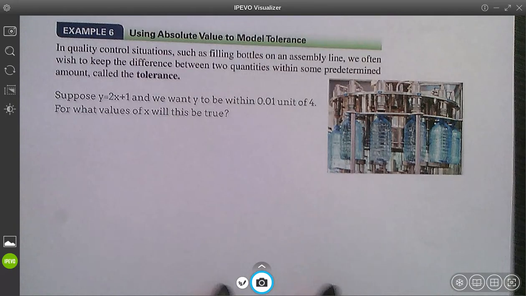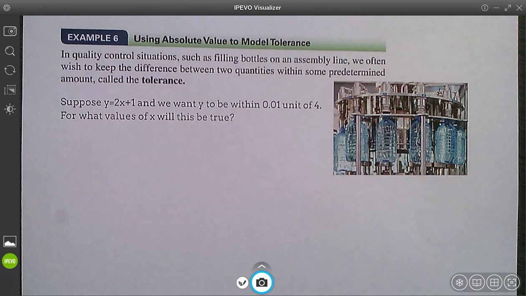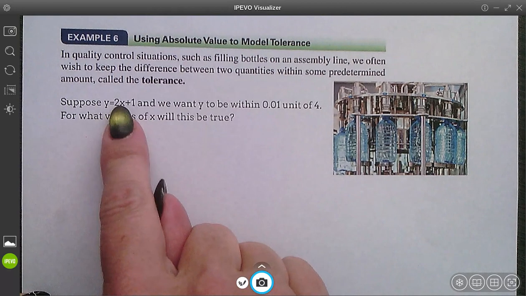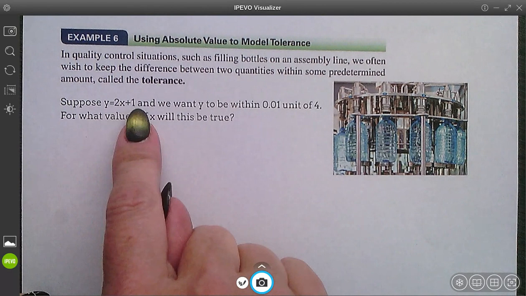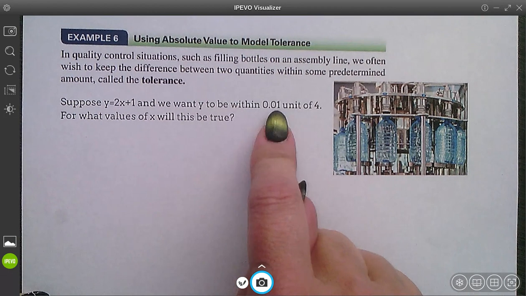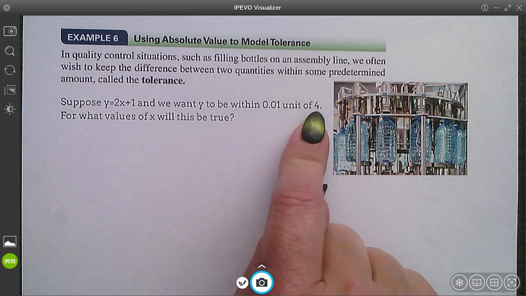Okay, we can also use this to model tolerance. In quality control situations, such as filling bottles on an assembly line, we often wish to keep the difference between two quantities within some predetermined amount called the tolerance. So suppose y is equal to 2x plus 1, and we want y to be within 0.01 units of 4.